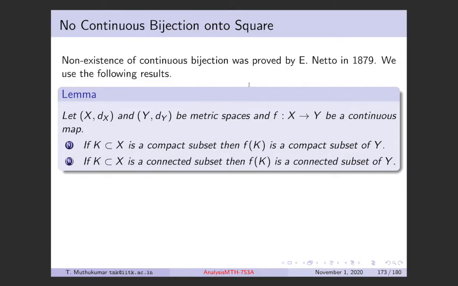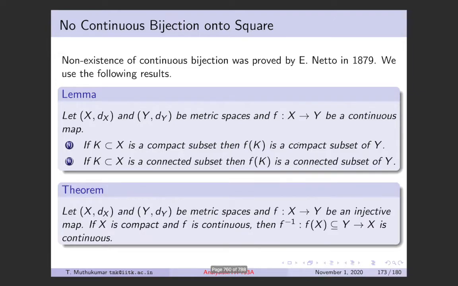So the proof depends on the fact that the continuous image of a compact set is compact, and the continuous image of a connected set is a connected set. We need to use this. So if you don't know these proofs, please go and have a look.